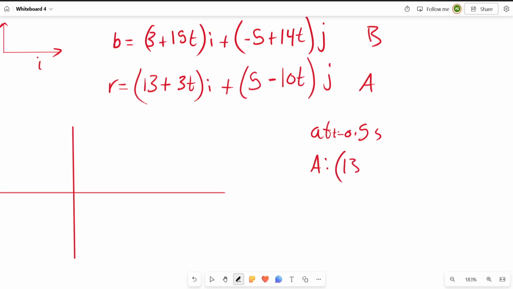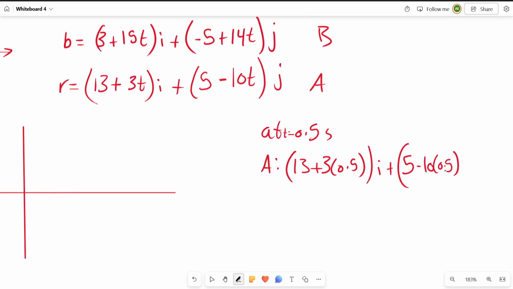It's going to be 13 plus 0.5 times 3 in the i, plus 5 minus 10 times 0.5 in the j. This equals 13 plus 1.5, that's 14.5 in the i, plus 5 minus 5, which is 0 in the j. So basically it's just 14.5 in the i, and that is A.